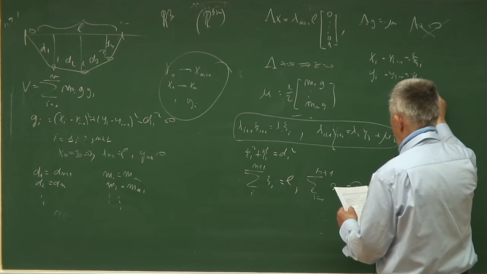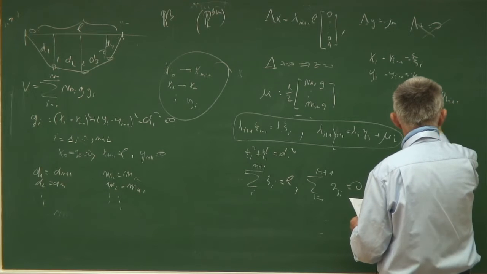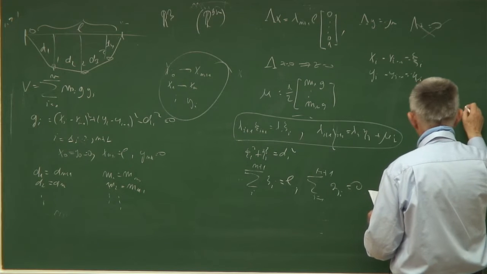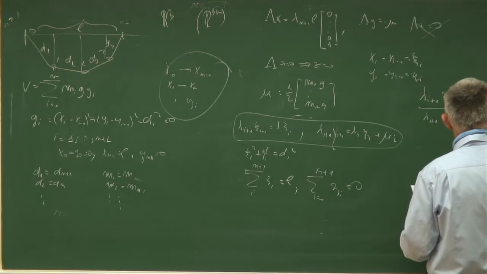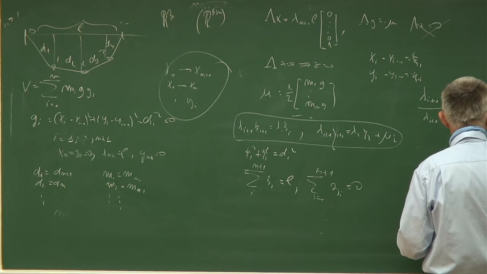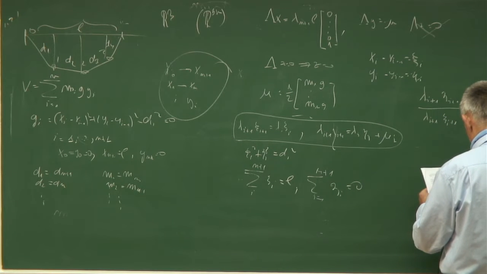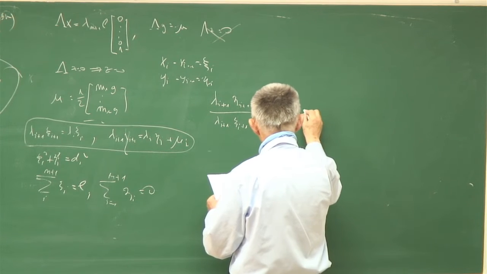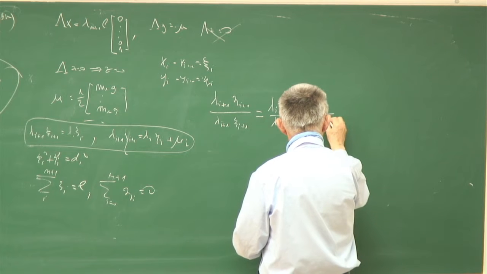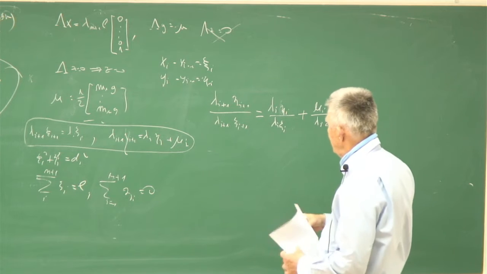That means lambda i plus 1 eta i plus 1 over lambda i plus 1 xi i plus 1 equals lambda i eta i over lambda i xi i plus mu i over lambda i xi i. See, this is the same number, this and this.